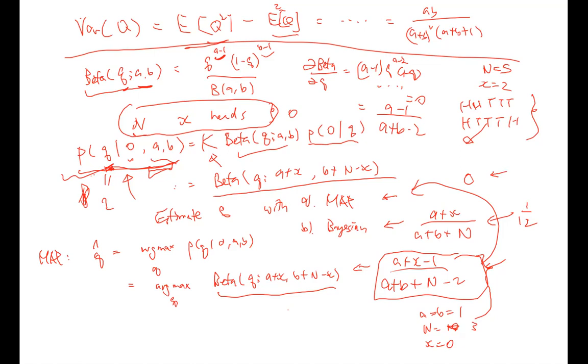Because, for example, if I toss it 2 times here, I'll still get a 0, right? If I start with a non-informative prior like A and B equal to 1 and I toss it 2 times and got no hats, I would just say that's impossible to get a hat. That's my conclusion from MAP.